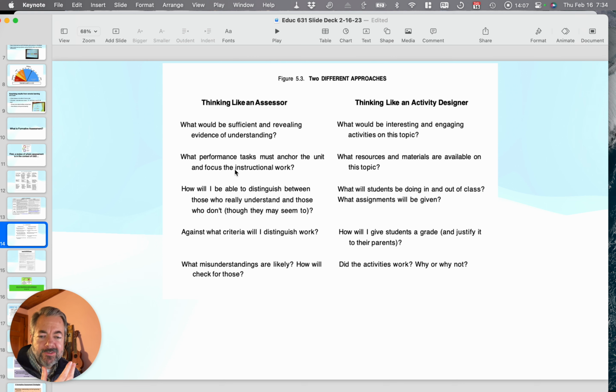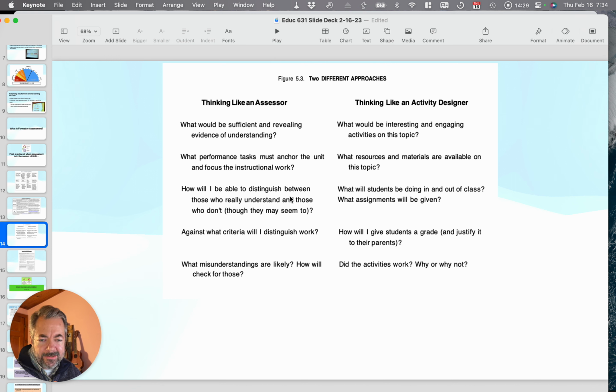The assessor figures out performance tasks, where the activity designer just looks at, do I have my resources and materials ready for me? You can see the teacher on the left is just thinking deeper. And in turn, whether you look at Hattie's effect sizes or whatever, you're going to have definitely greater academic achievement.